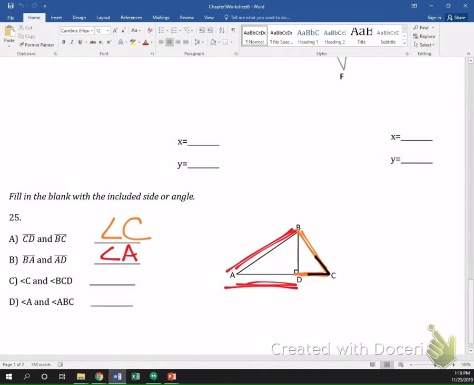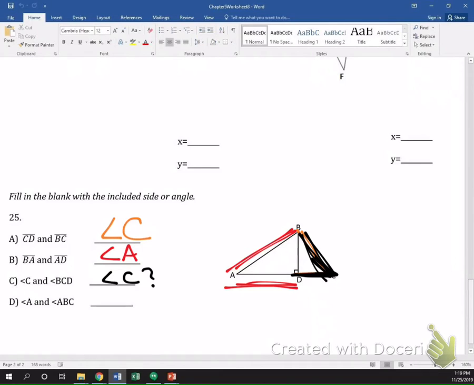So angle C, and then angle BCD. That's the same angle, right? I just put angle C. Normally between angles it's a segment, but since that's basically describing the same thing, just put angle C, question mark. I think that's a typo, honestly.